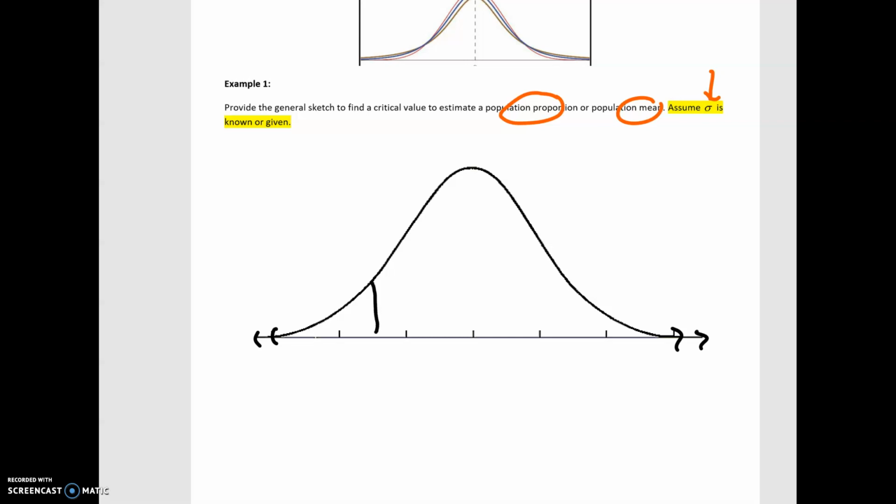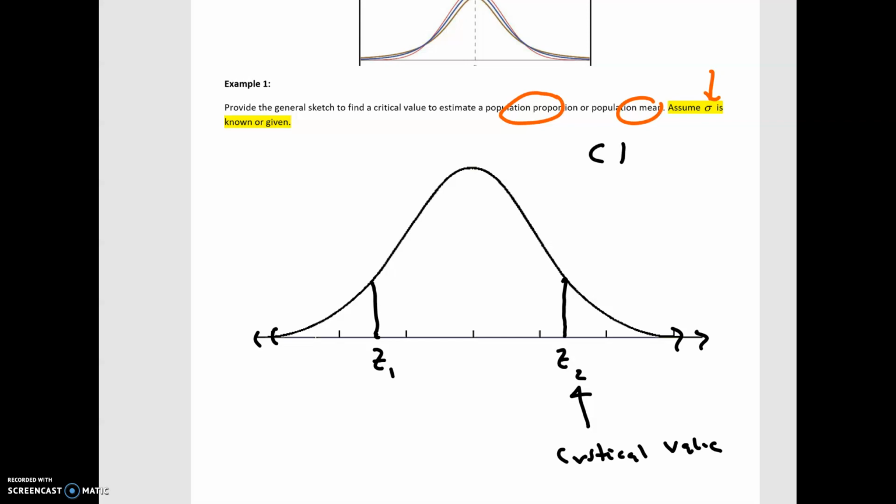So you're going to have a bell-shaped distribution broken down into the following values. You're going to have a z-score here and a z-score there, typically 1 and 2. The specific value that we're looking for, it's that one. That is called the critical value. Now, the total area under the curve is equal to 1.